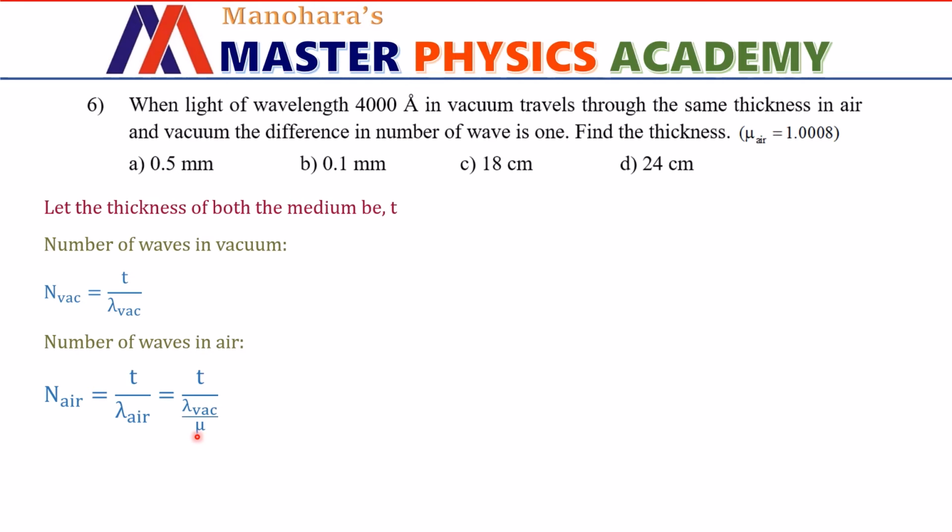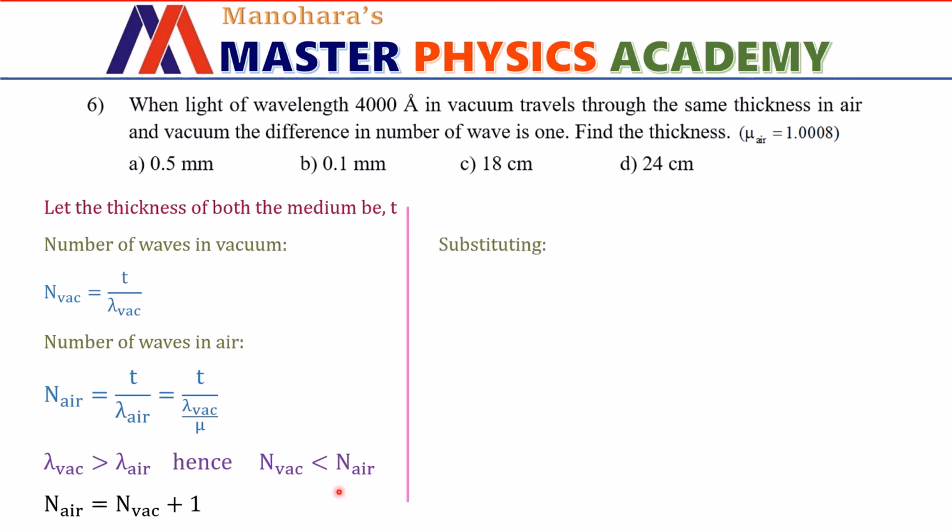Now we know that wavelength in vacuum is greater compared to wavelength in air, and hence the number of waves in vacuum is lesser compared to the number of waves in the air medium. So the difference between the number of waves is given as 1, that is, number of waves in air is equal to number of waves in vacuum plus 1.